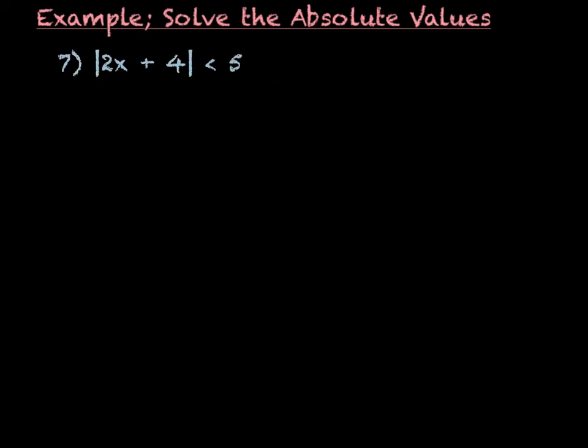And for example 7, we have another absolute value to solve. So we have the absolute value of 2x plus 4 is less than 5. Okay, so since it's already solved for the absolute value, I'm just going to drop the absolute value, write it less than 5, and then I have to figure out whether it's and or 2x plus 4 is greater than negative 5.